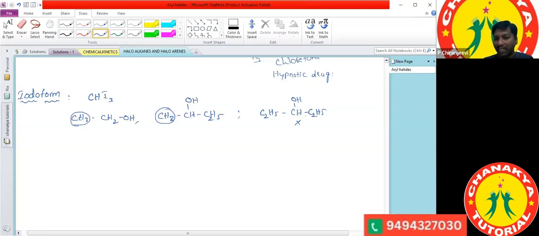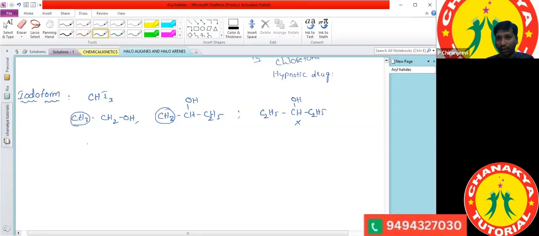If the methyl group is not there, it does not give a positive iodoform test. So the methyl group attached to the alcoholic carbon is involved in a positive iodoform test.